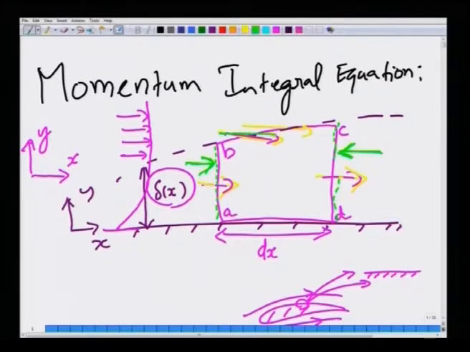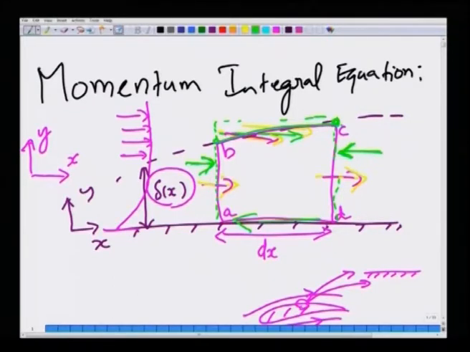And then there are also pressure forces that act on the curved surface, which we will take as the average of the pressure between these two stations multiplied by the projected area. This is something we are familiar with from fluid statics on how pressure forces act on curved surfaces. Finally, at the surface AD, the viscous shear stress, the viscous drag by the plate on the fluid, will act in the minus x direction.